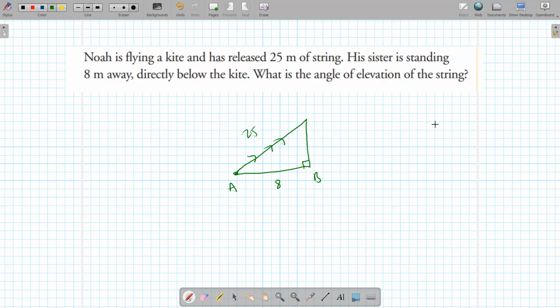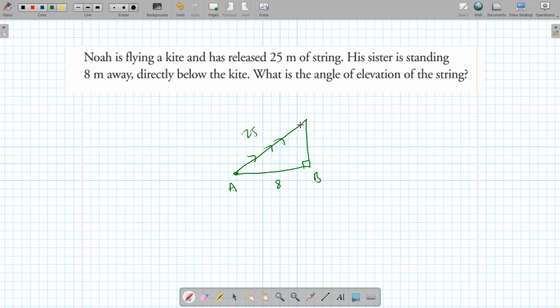The kite, if you remember the diamond shapes from yesterday, looks like this, right? The one good thing about the kite is that their diagonals meet at 90 degrees here. Every angle there in the middle is 90. They're asking us to find the angle of elevation of the string.